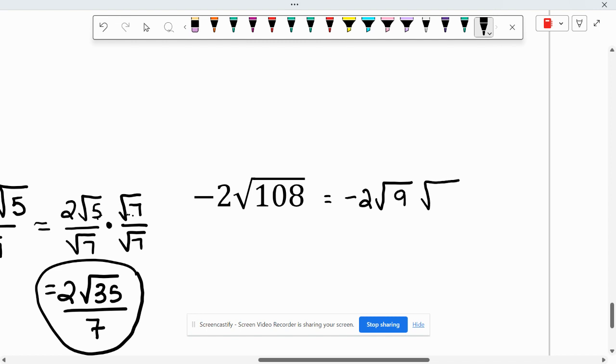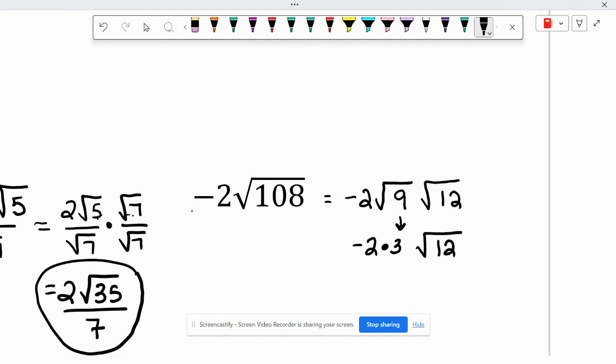It's the same thing as 9 times what? Okay. What is the square root of 9? 3. So now I have -2 times 3 times the square root of 12. Does that make sense, what I've done? Okay. What is -2 times 3? All right, perfect. So I have -6 times the square root of 12.